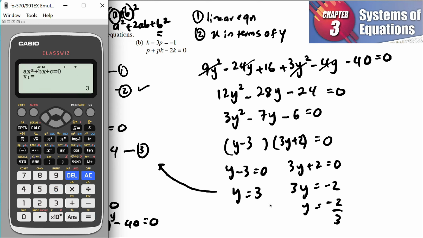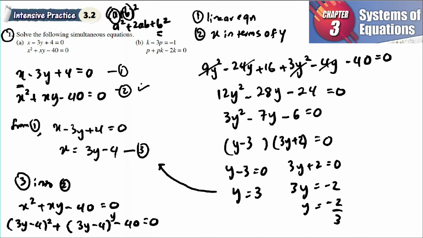So you get y is equal to 3, and another one is negative 2 over 3. So basically when you get this inside your calculator, then you turn it back inside this one, where you see a 3 will move up, so you get 3y, and negative will become positive. So this is how you use the calculator to get this one.